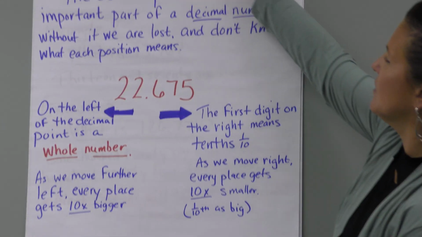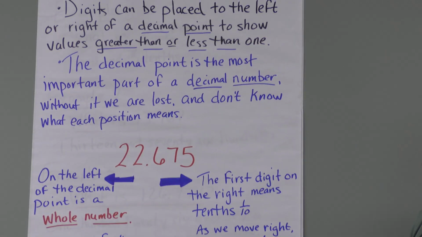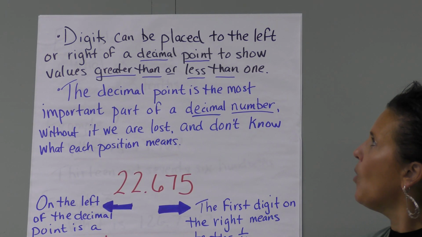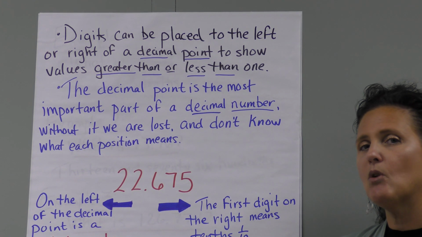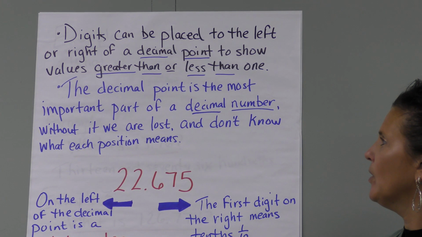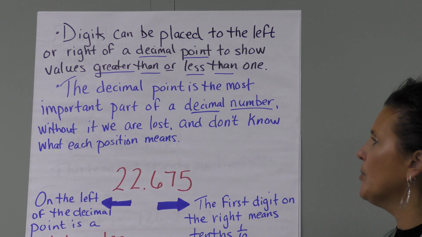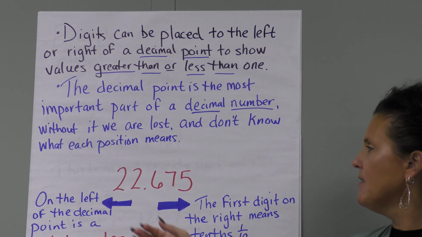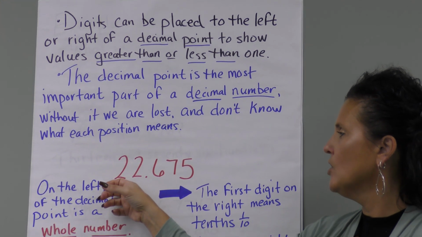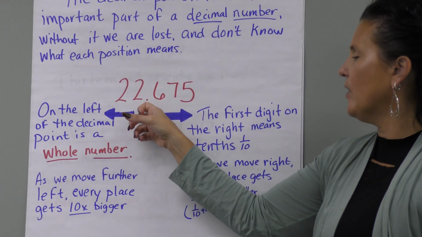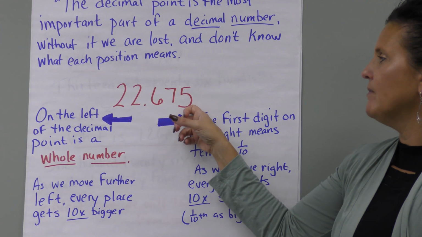Digits can be placed to the left or the right of the decimal point to show values greater or less than 1. The decimal point is the most important part of the decimal number. Without it, we can't tell what positions are which. So we have to put that decimal there. In this example, we have 22, and then we have our decimal, and 675.